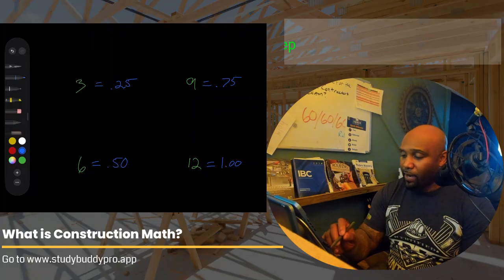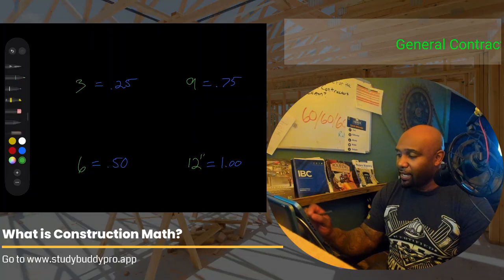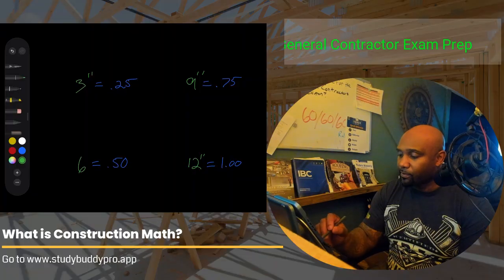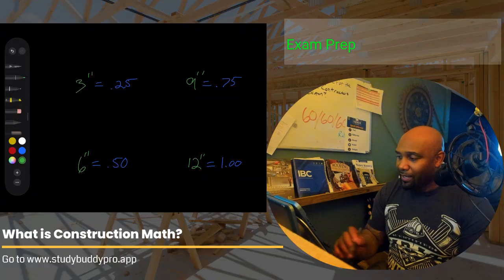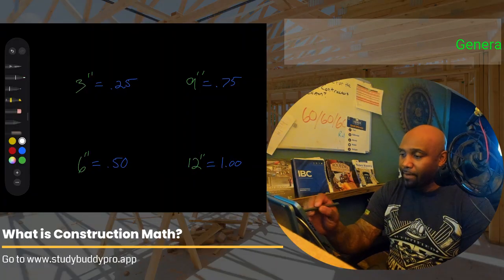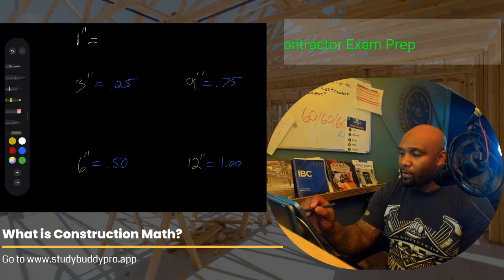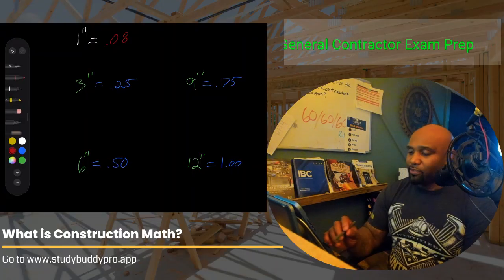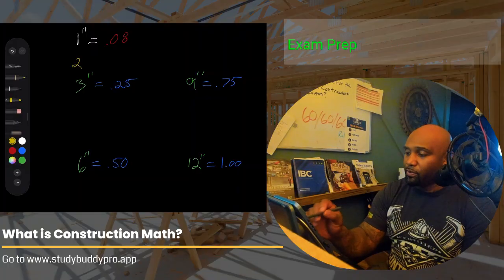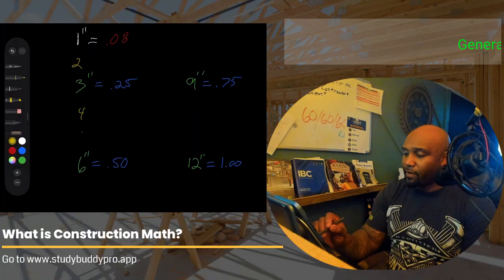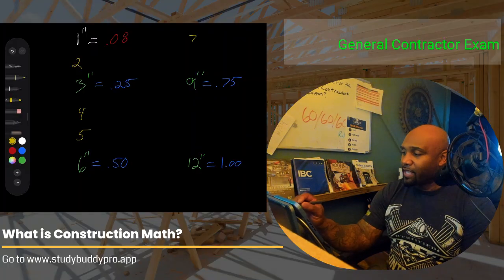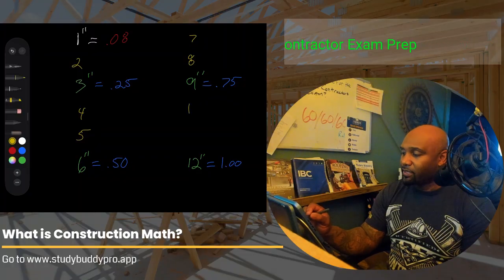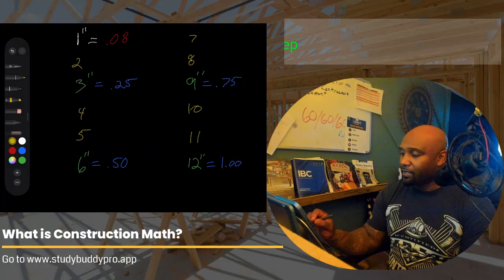These are inches, by the way. Let's make sure we define that. These are inches. So what happens is, first I'm going to tell you that 1 inch equals 0.08. Okay? And so now we need to figure out what 2 is, what 4 and 5 is, what 7 and 8 is, what 10 and 11 is.